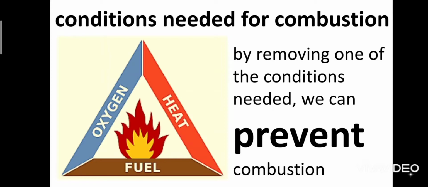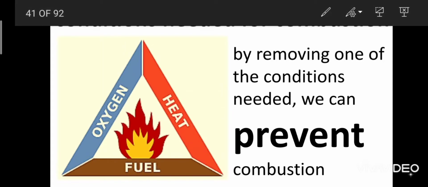Okay, that is the definition of combustion. This slide will present the three conditions that are needed for combustion: oxygen, heat, and fuel. By removing one of the conditions needed, we can prevent combustion. If we remove oxygen, the fire will not occur.